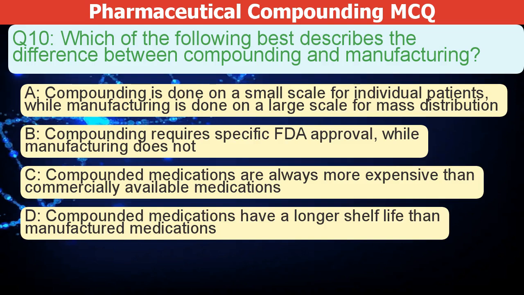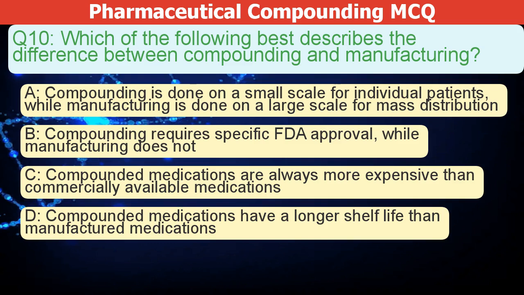Which of the following best describes the difference between compounding and manufacturing? A. Compounding is done on a small scale for individual patients, while manufacturing is done on a large scale for mass distribution. B. Compounding requires specific FDA approval, while manufacturing does not.